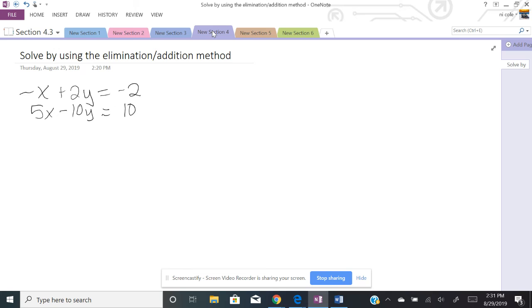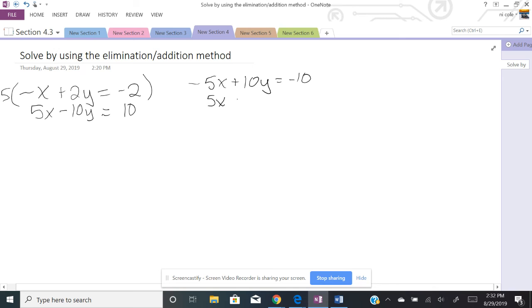Okay? Ooh, let's look at this one. I don't have the same number of x's in each equation or y's, so I need to pick a variable to eliminate. I'm going to get rid of y's. So that means my 2y needs to become 10y, positive 10y from up here. So I'm going to multiply this by 5. That gives me negative 5x plus 10y is equal to negative 10.